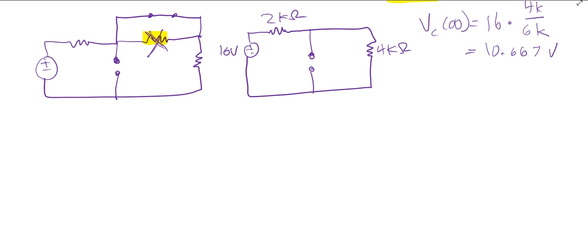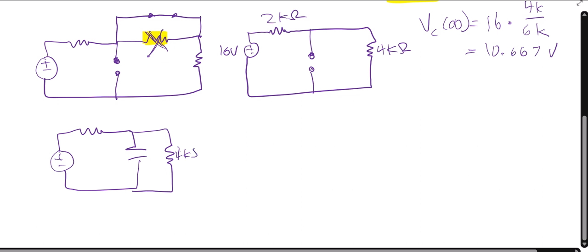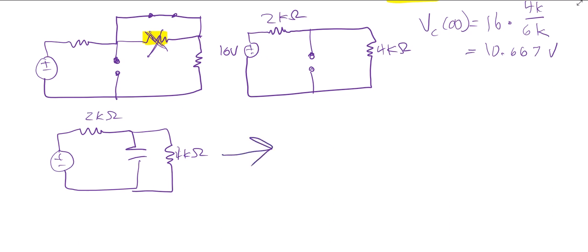So I'm going to draw the circuit as it looks during the time that we're interested in, which is very similar to what I have here at infinity. So now I actually have my capacitor there. And to get my equivalent resistance, I'm going to short out my voltage sources.